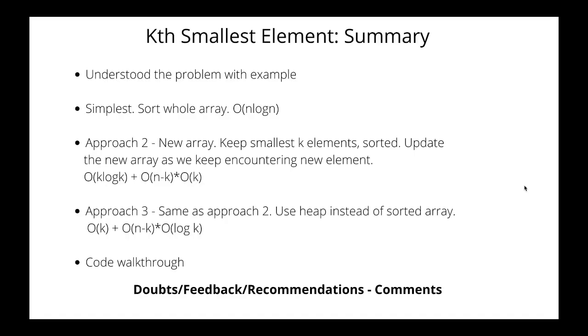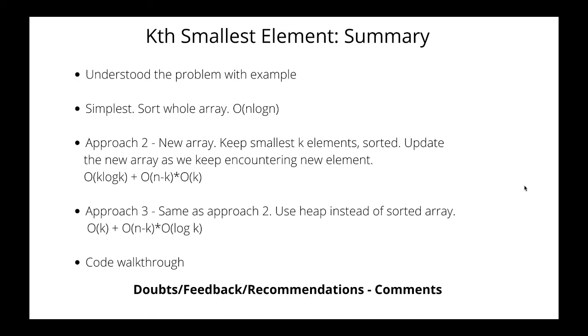To summarize, we first understood the problem with an example. Then we came up with the simplest approach. We thought, let's just sort the whole array and we can return the relevant element. That way we came to the time complexity of big O of n log n. We realized that it is inefficient because we don't really need to sort the whole array. Therefore, we came up with a second approach.